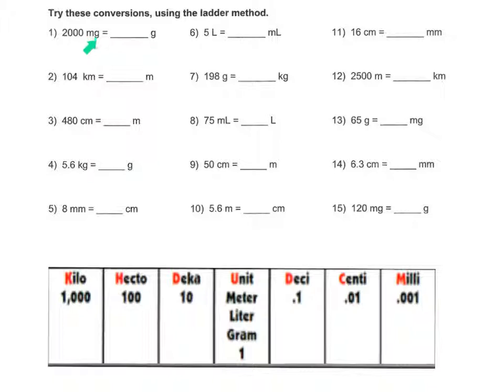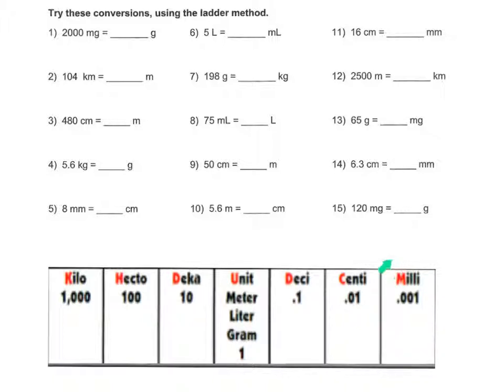So we're going to take this, come right down here, and we're going to find the milligram, and milli would be right here. Now if we move in this direction, remember that our object is going to be getting smaller. If we move in this direction, our answer will be getting larger. So we're going to put our pointer right here on milli, and we're going to count how many times we need to move in order to find gram.